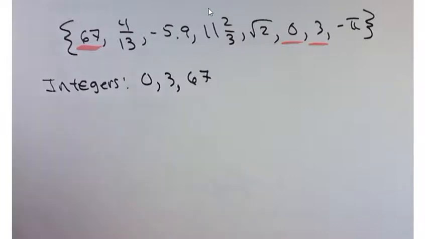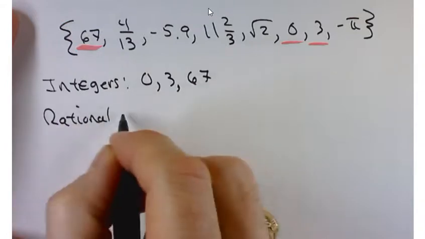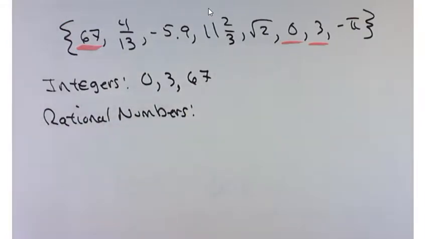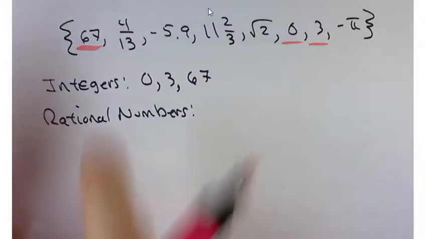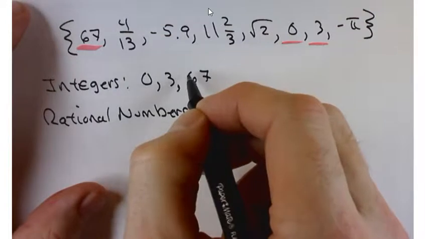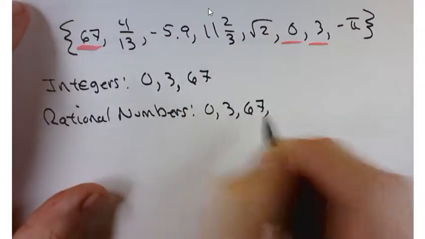Now the next set I want to look at are the rational numbers. The rational numbers are a little bit bigger set, but they also include the integers. So if you're an integer, you should also be in this set: 0, 3, and 67.